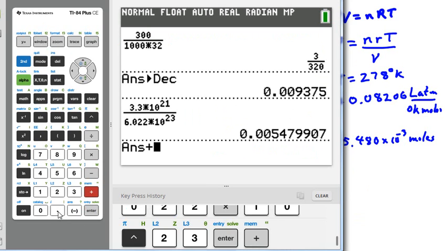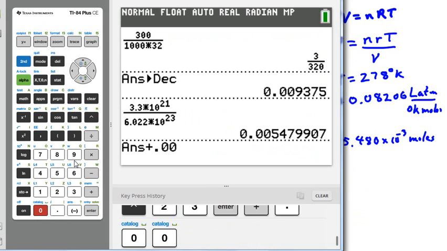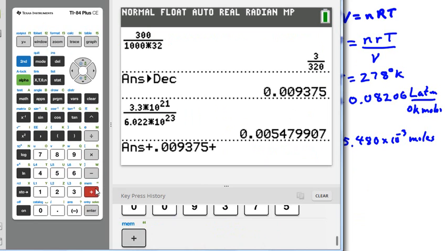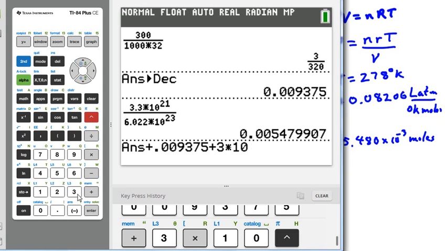plus 0.009375 plus we have 3 times 10 to the negative 2 power.